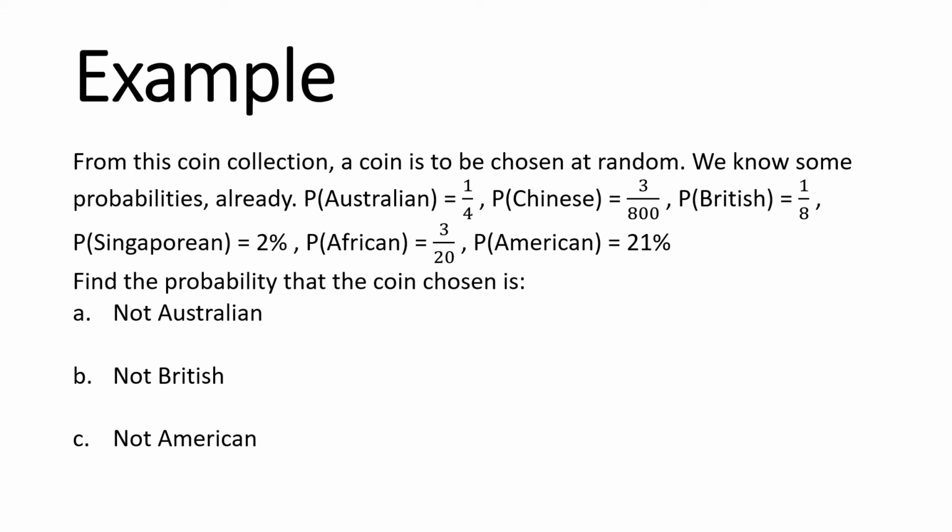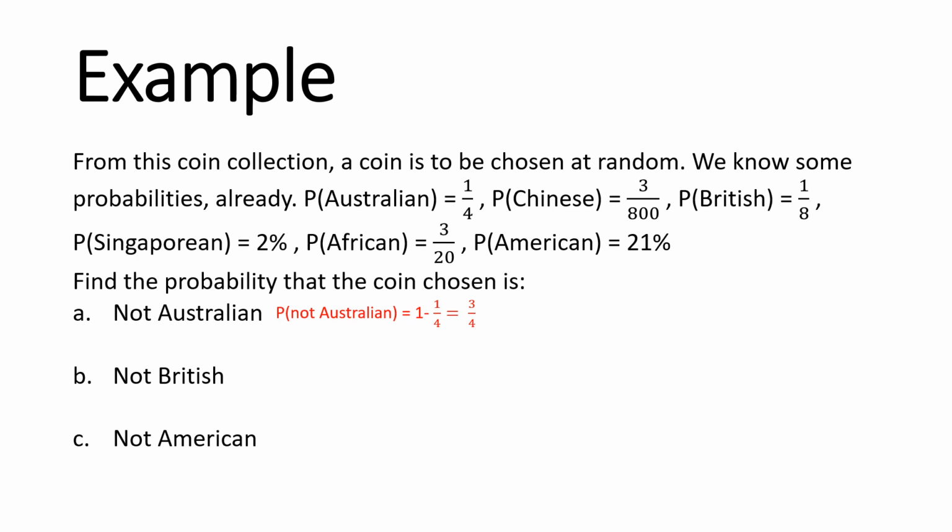Okay, so if we know that the probability of it being an Australian coin is 1/4, then this is a complementary event. So we need to do 1 minus 1/4 equals 3/4. So the probability that it is not an Australian coin equals 1 minus 1/4, which equals 3/4.